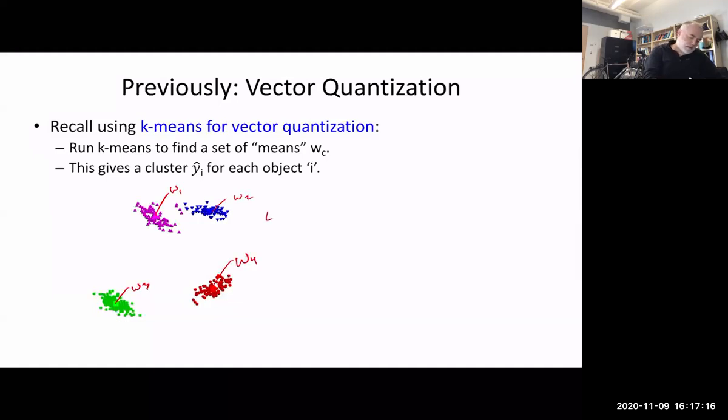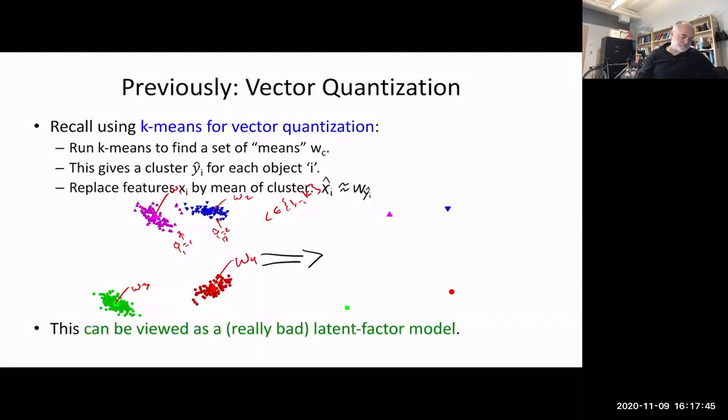for c in 1 to k. And we got a cluster identity, a label for each object i in an unsupervised way, right? So y hat 1 equals 1, whatever, y hat 17 equals 2, whatever.